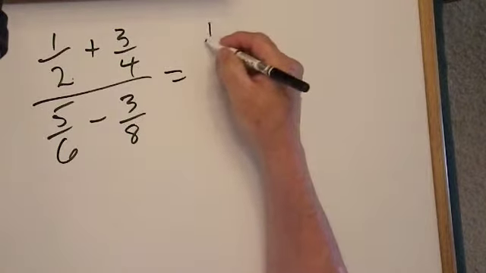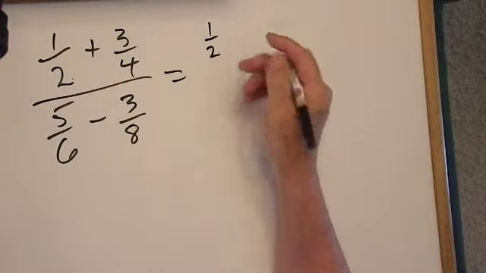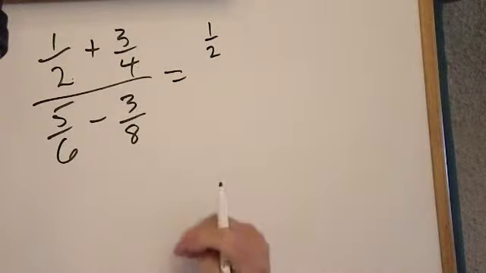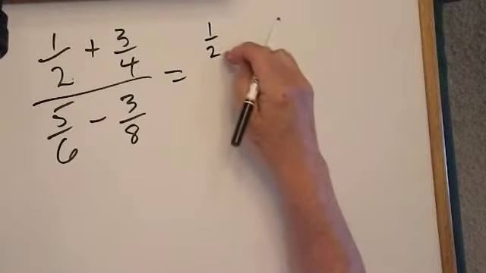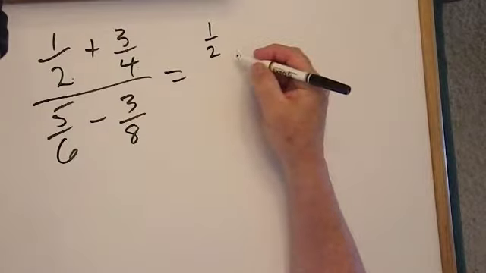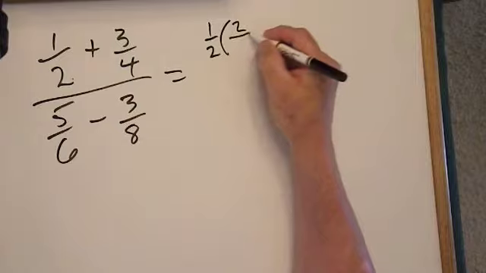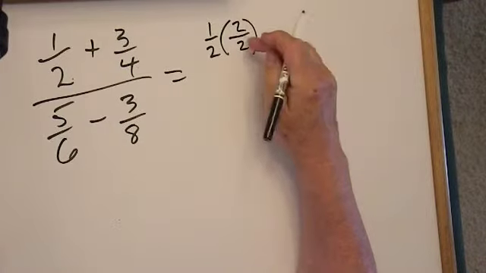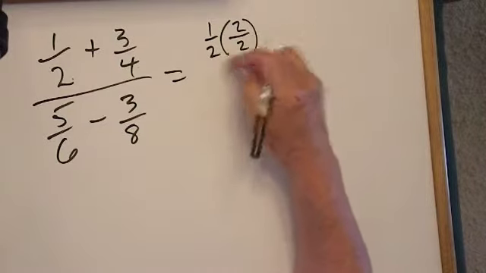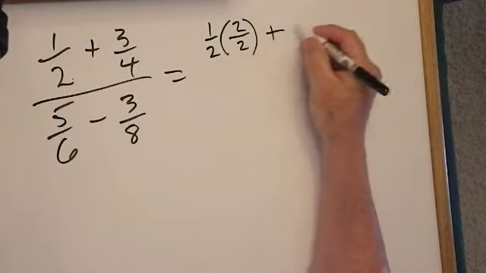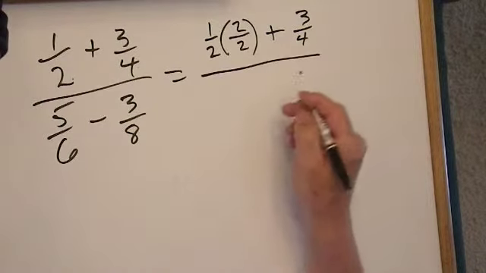So if we take that 1/2 and multiply it to get it to a common denominator of 4, we're going to have to multiply that 2 on the bottom by a 2 to get it to be a 4. So we'll multiply by 2/2. That's a 1, so it doesn't change anything. But now by multiplying by 2, the denominator is going to become a 4. This one's already got a denominator of 4, so we're not going to change it.